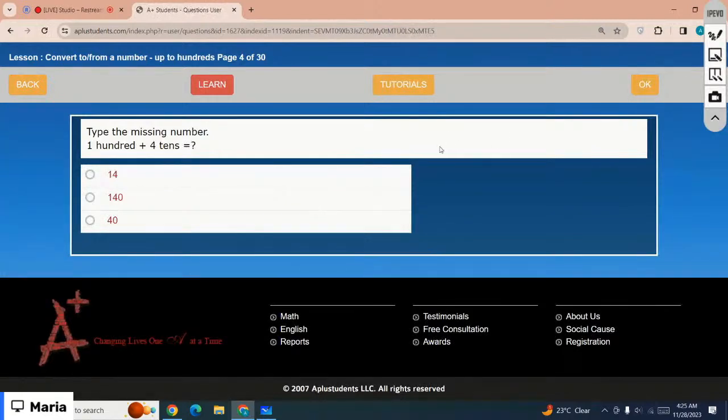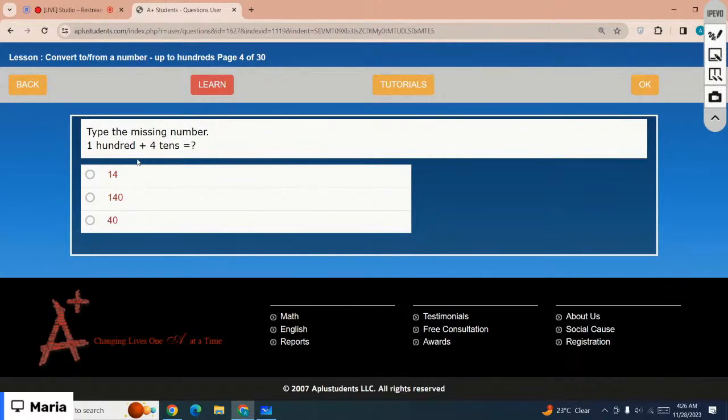Type the missing number, 100 plus 4 tens. So you can see the ones digit is missing here, right?